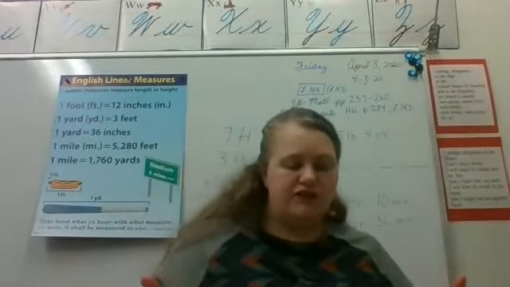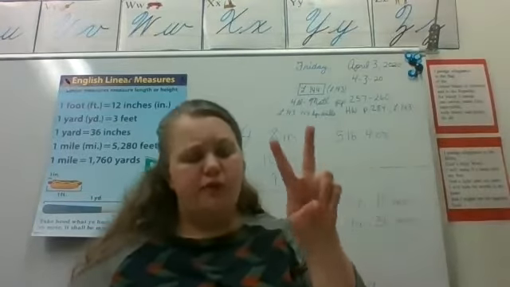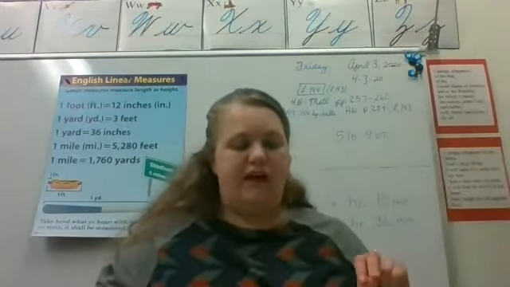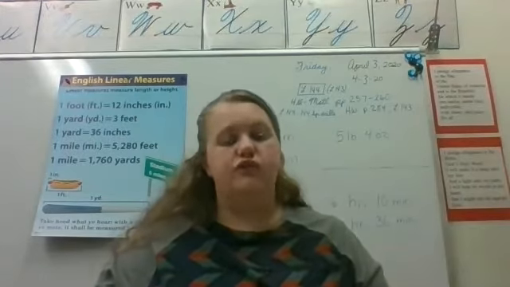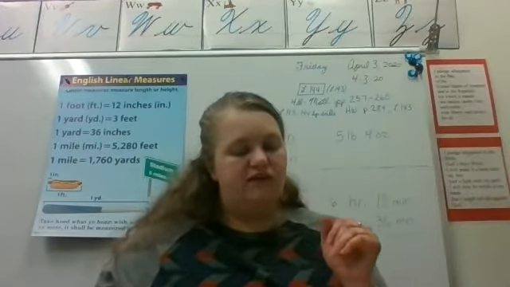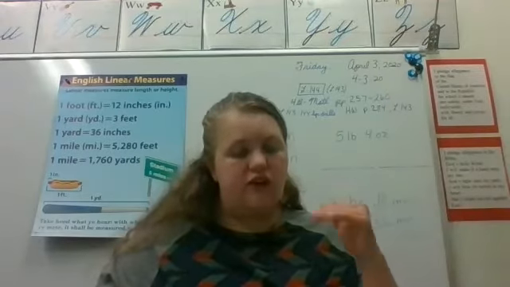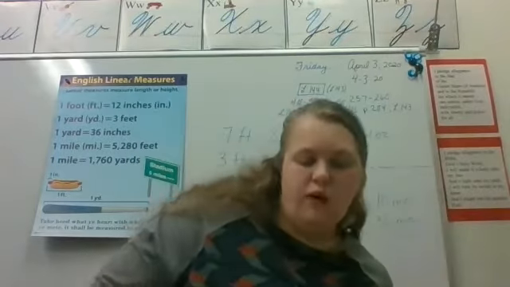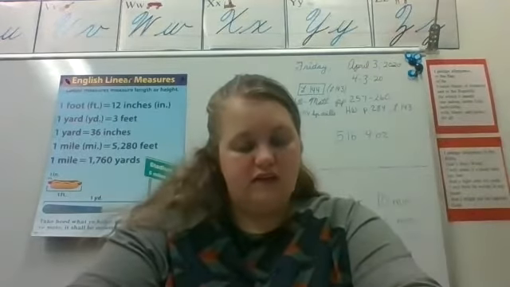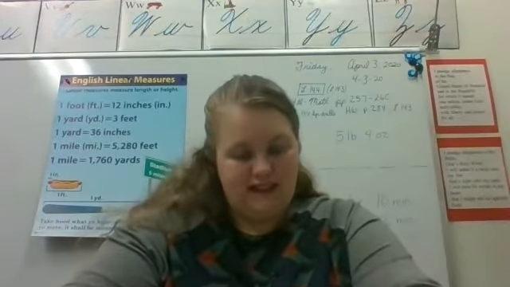A compound measure has 2 or more units of measure. A compound measure can be simplified by converting the larger unit to the smaller unit. It can also be simplified by converting the smaller unit to the larger unit, okay? So 1 pound and 3 ounces equals 16 ounces plus 3 ounces, which would equal 19 ounces, okay?